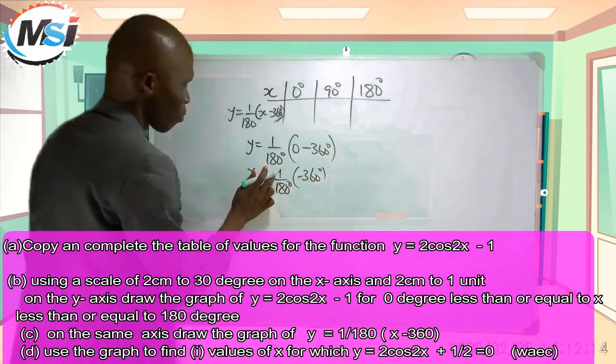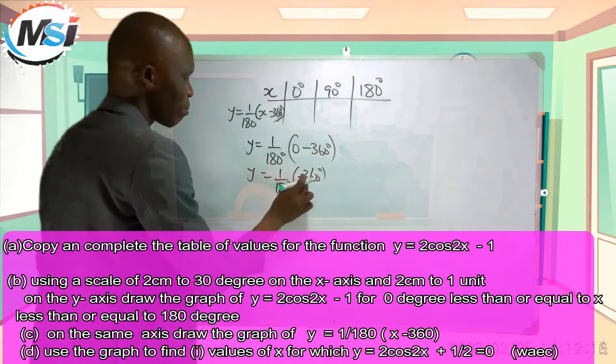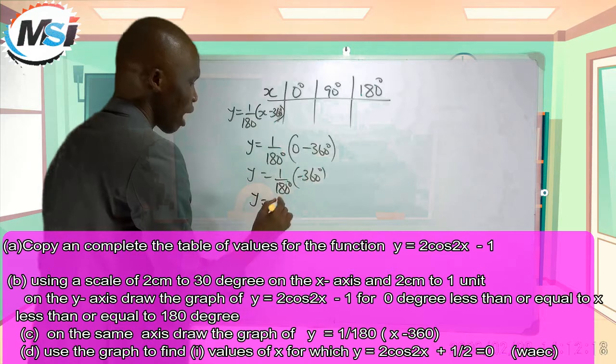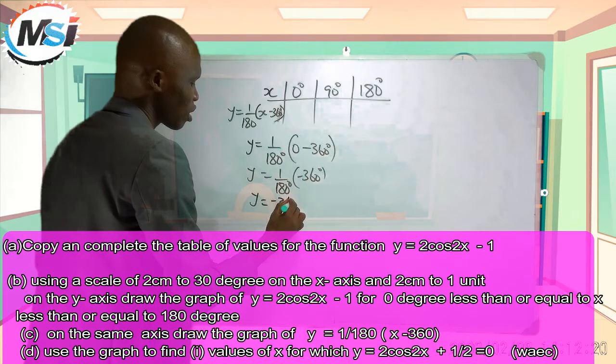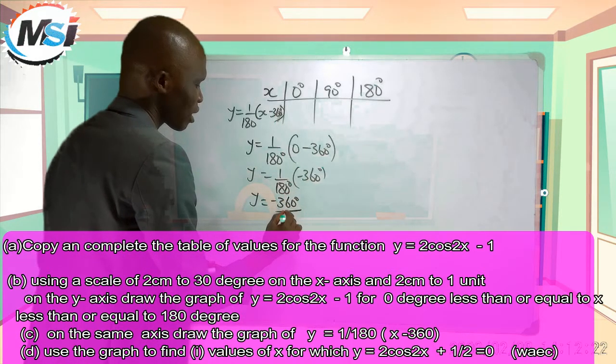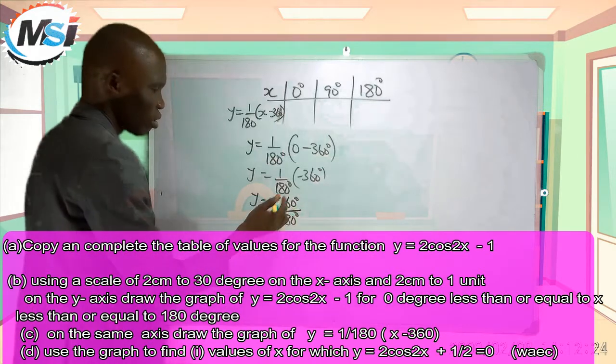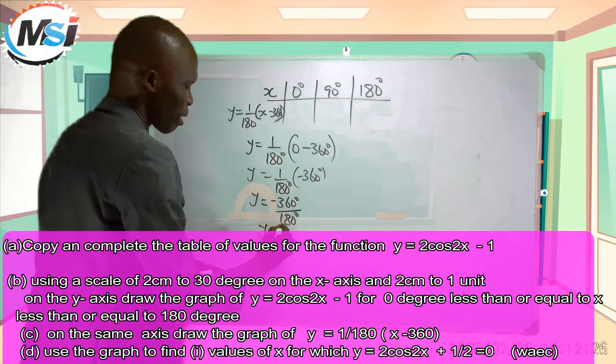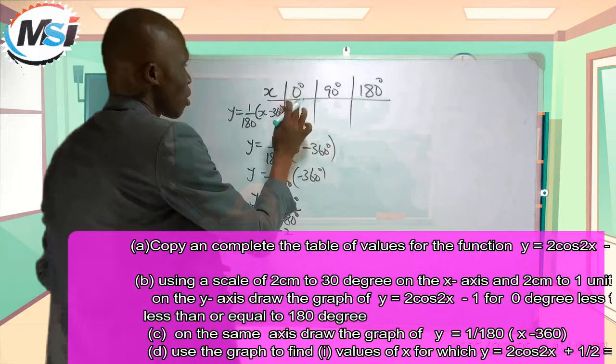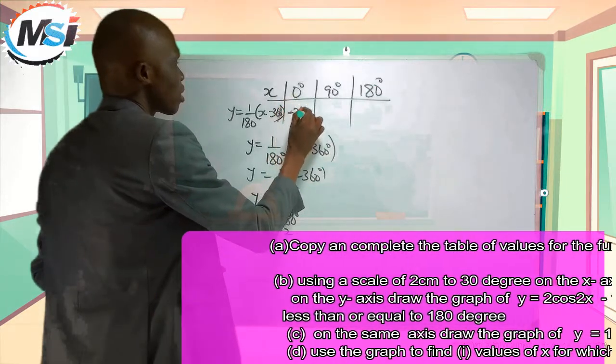So 1 times minus 360, you are going to have minus 360 divided by 180. If you divide this, we are going to have minus 2. So this will give us minus 2.0.